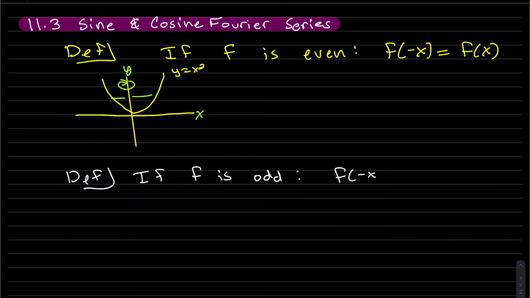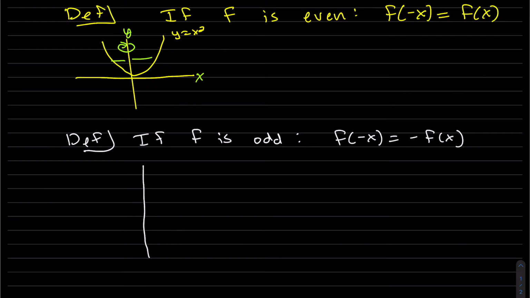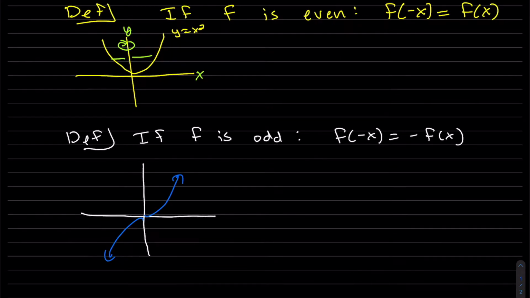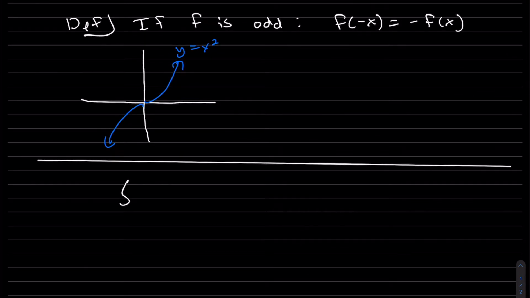Then we have the negative gets pulled out. And what this means graphically is that it is symmetrical about the origin. And this is an example of an odd function. So just in general, if we integrate an odd function, we do get an even function.